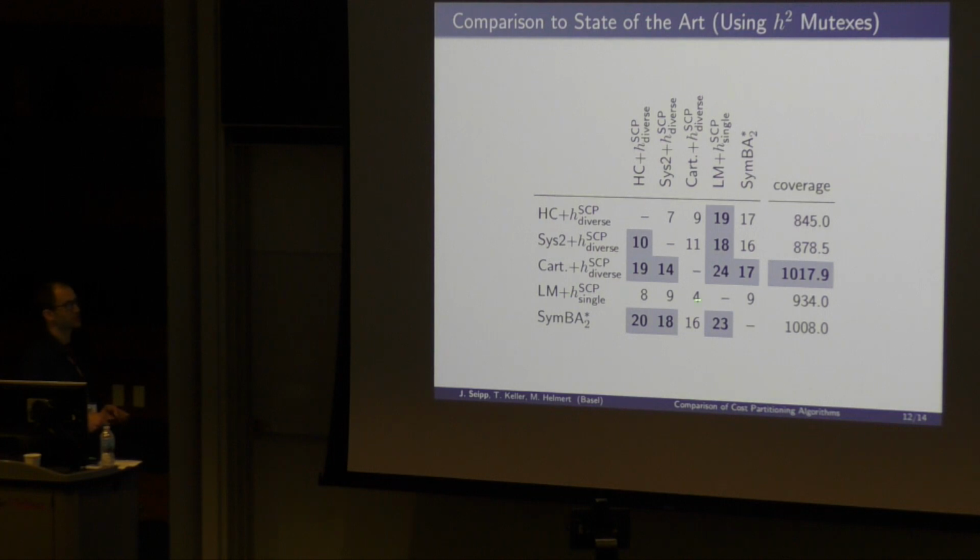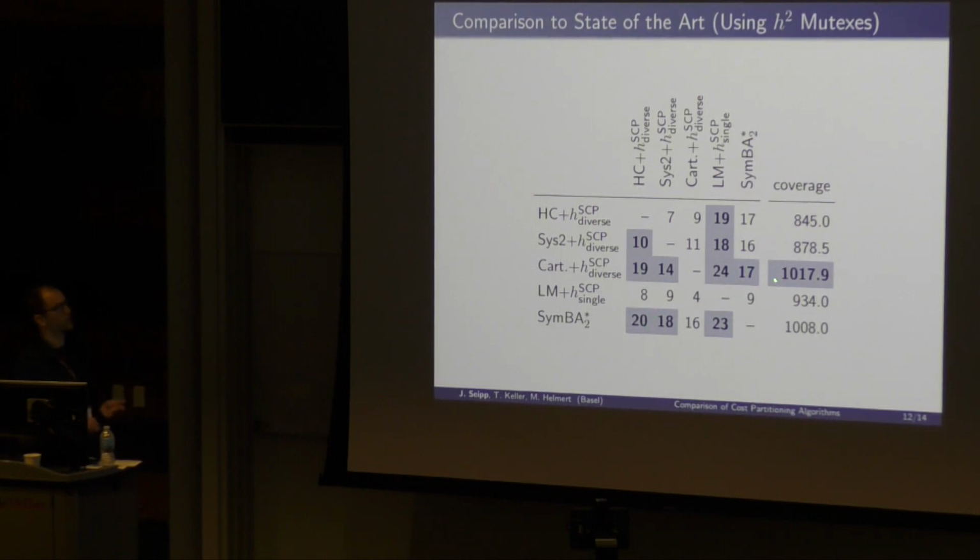Landmark heuristics are not as strong as the other heuristics, and there's not a clear picture against the state of the art, at least not on the domain basis. So Simba is better than the hill climbing PDBs, the systematic PDBs, and the landmark heuristics. But for the Cartesian, it's a close call.